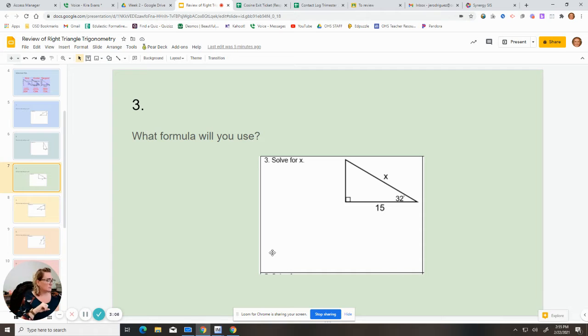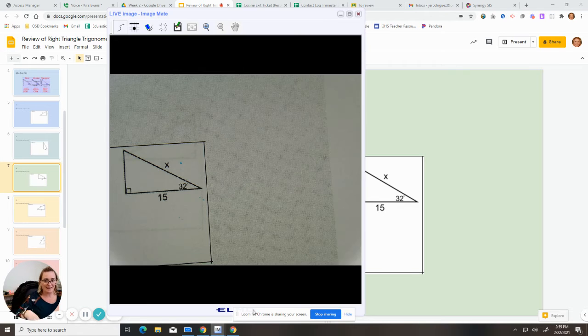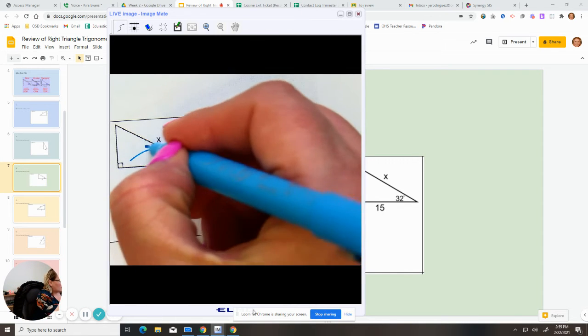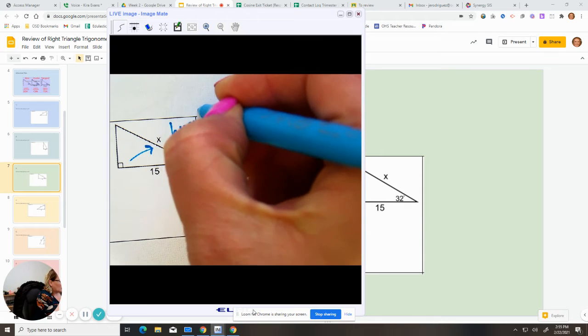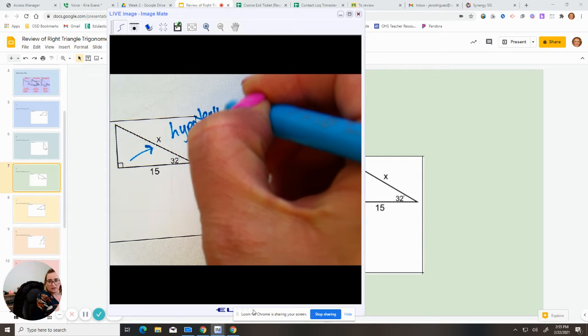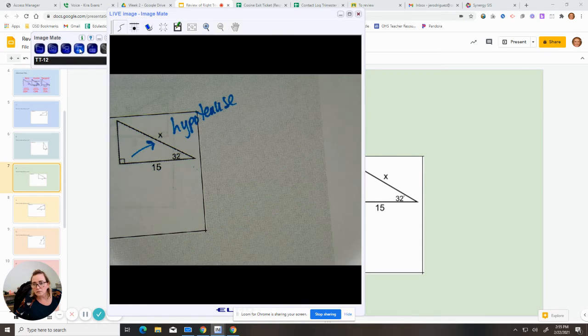Let's look at this next one. What are we looking at on this next one? So first thing you should notice again is if I draw it across, we have the hypotenuse that we're looking for. Oh, for some reason I froze. There we go.